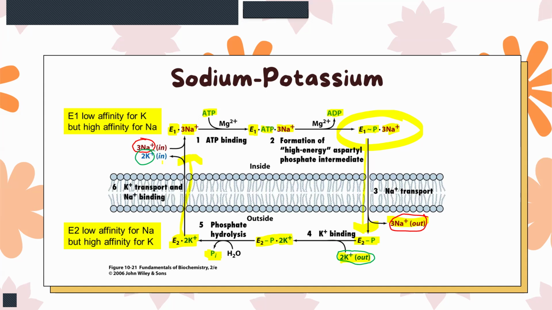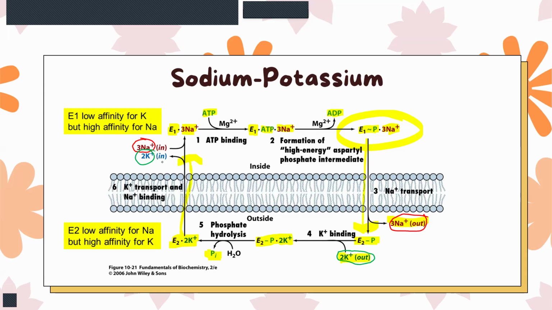We've got our ternary mechanism, or we've got our ping pong mechanism, and we've got different forms of our ping pong mechanism. It's not quite as trivial as, well, this binds this and then it binds this, or this binds this and undergoes this change and then it does this. That's kind of what we have in the sense that E1 will bind sodium. Okay, so it's holding on to it.